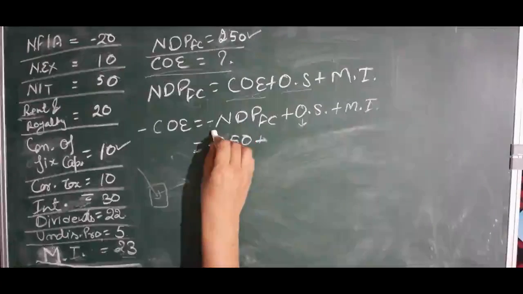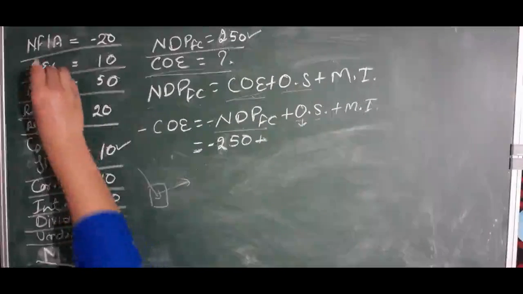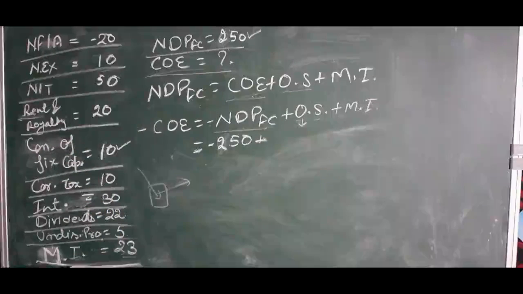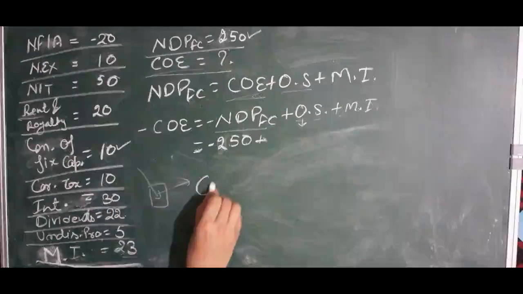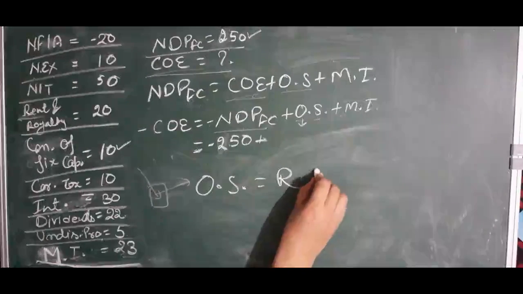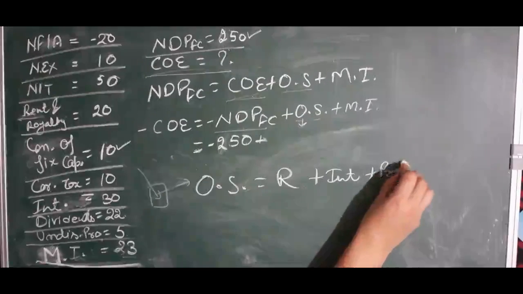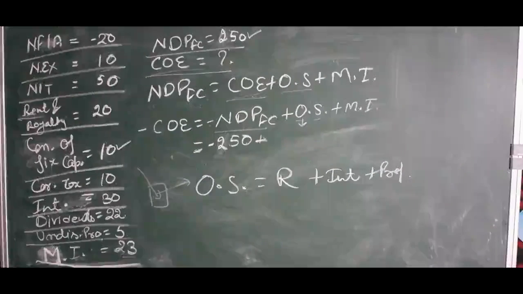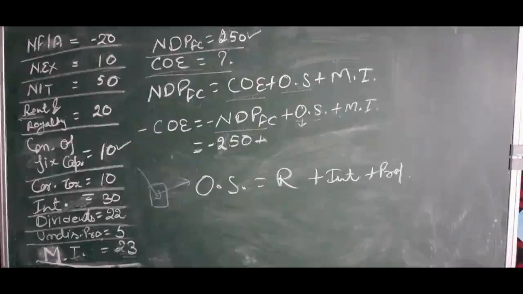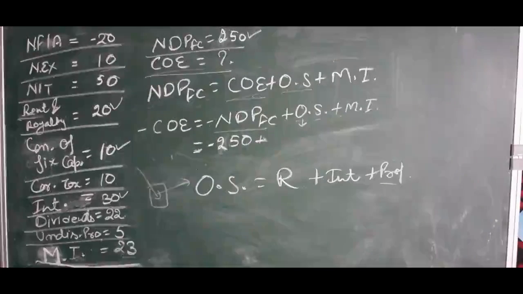Now put the values. NDP at FC is given as 250 plus operating surplus. In this question, operating surplus is not given directly, but we know that operating surplus is equal to rent and royalty plus interest plus profit, right? In this question, rent and royalty is 20, interest is 30, and profit is also not given directly.